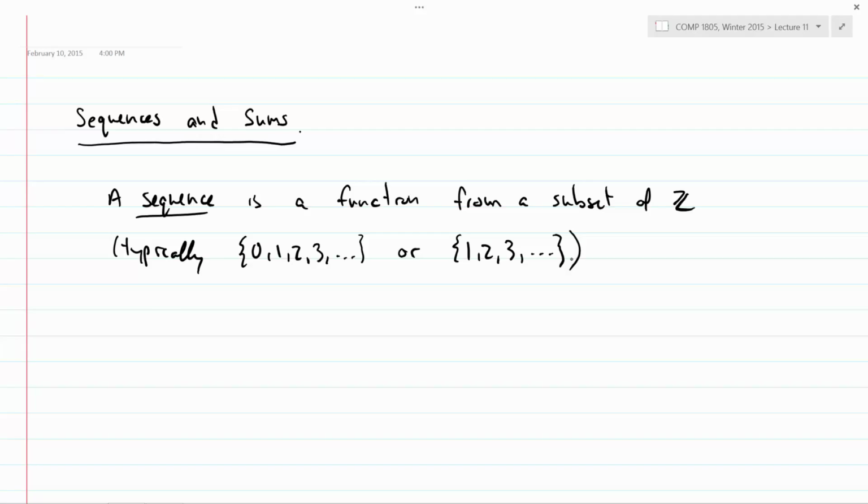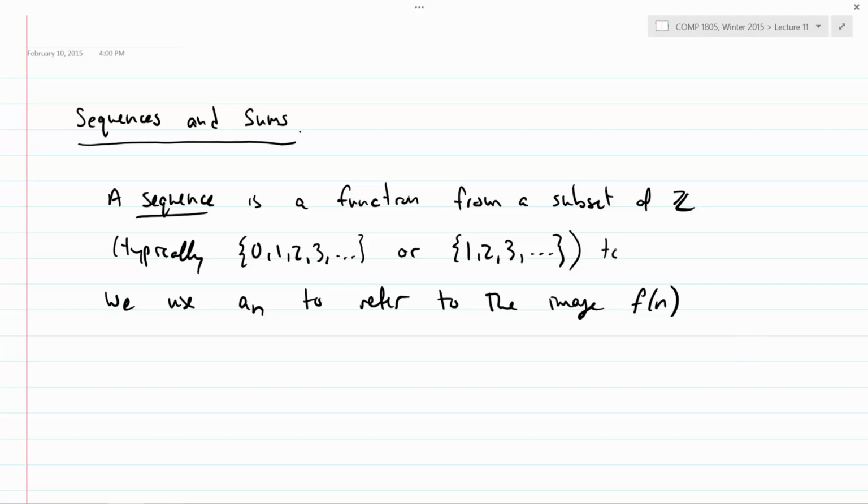We use a sub n to refer to the image of the integer, the nth integer in this thing. Sorry, I forgot to say what the codomain is.